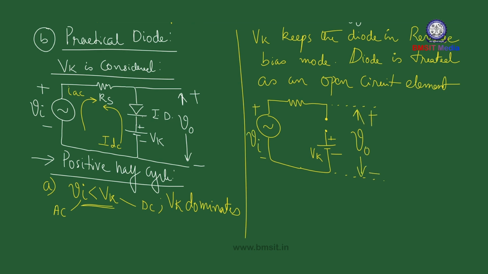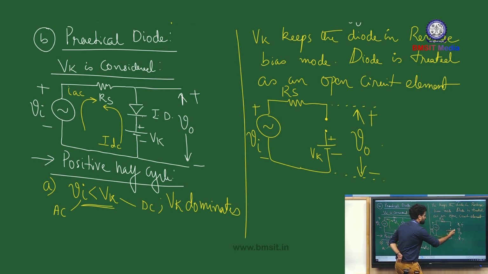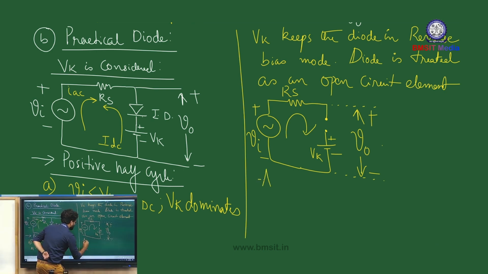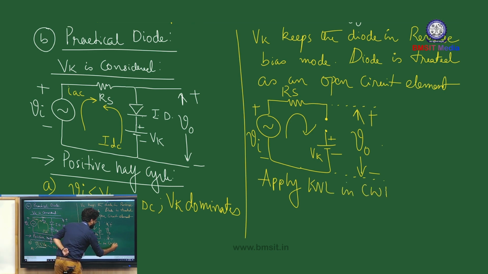So the output we know. In order to find the output, you can apply KVL in the clockwise direction. Though the current is 0, you will still have two potentials, the input voltage and the output voltage. So apply KVL. CWD stands for clockwise direction.